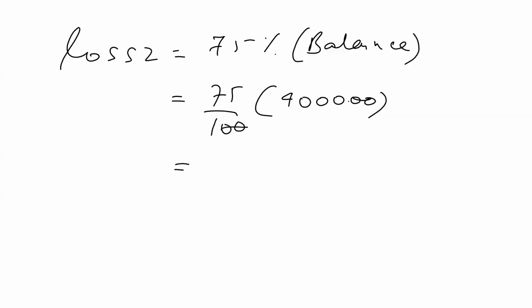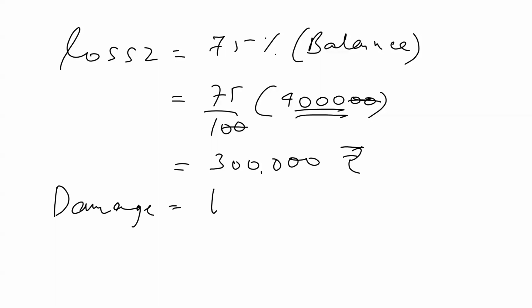So the balance is 4 lakh. Cancel the zeros over here. So 75 into 4, that will be 300, and three more zeros. So loss 2 is rupees 3 lakhs, right? Now total damage is equal to loss 1 plus loss 2.